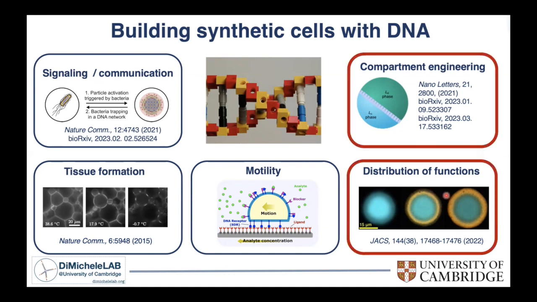And that's what I'm going to enter into further details now. So I'm going to show you how we can use the self-assembly of DNA nanostructures to build membrane-less type synthetic cells and arrange different functional components within them using reaction diffusion.